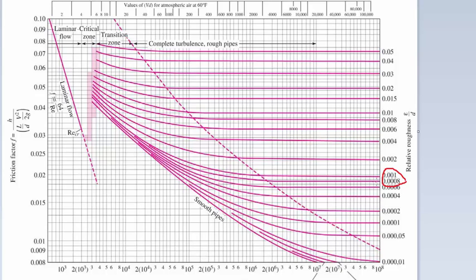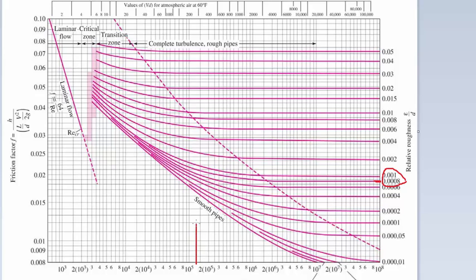So we're going to be along this line. And if you look down here, you have your Reynolds number ranging from 10 to the third all the way up to 10 to the eighth. We are at 150,000. So that should get us, I believe, to 10 to the fifth is over here, and then we should be halfway in between.